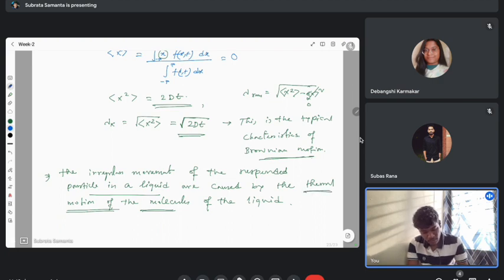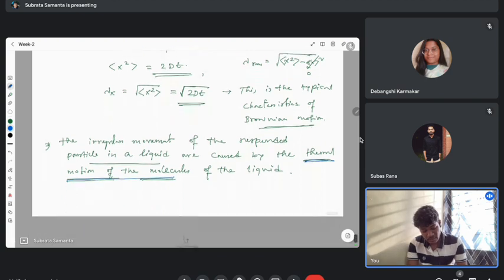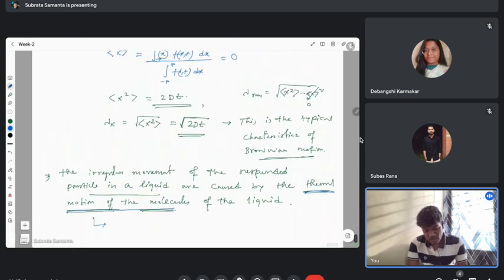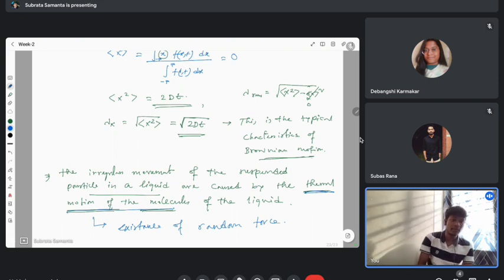Due to these thermal motions of molecules, there is the existence of a random force. So due to these thermal motions of the molecules in the liquids and the existence of the random force, the Brownian motion can happen.